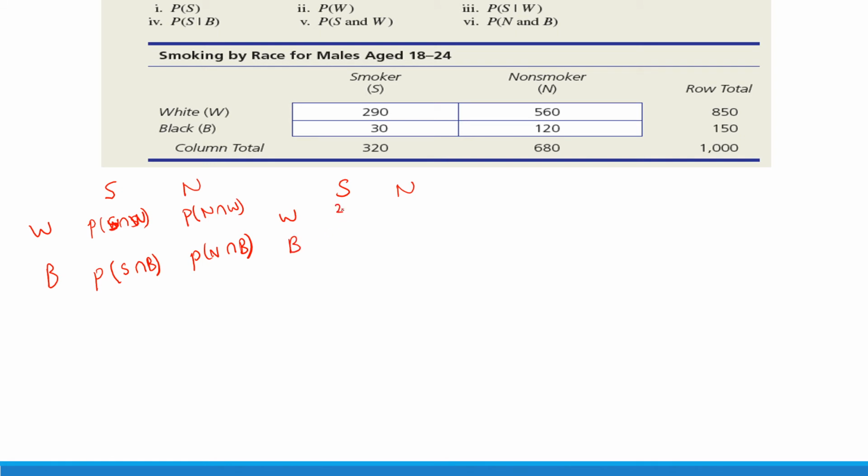So we have here 290 divided by 1000, 560 divided by 1000, 30 divided by 1000, and 120 divided by 1000.